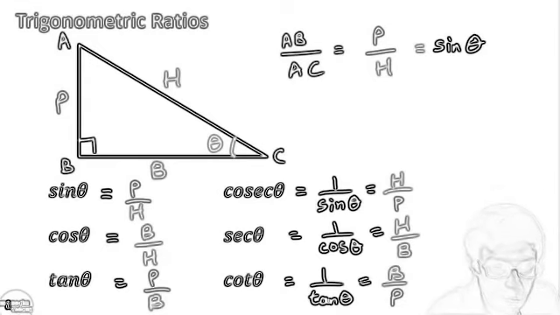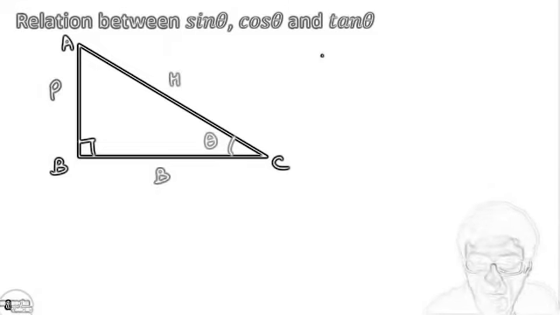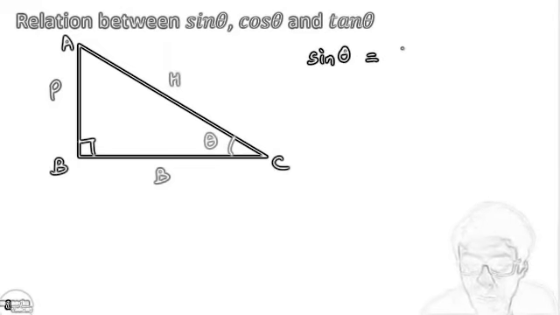So we are interested now in the relation between sine theta, cos theta and tan theta. So let's write these guys here. So before we write, let's quickly mark this is the perpendicular, this is the base, and this is our hypotenuse, right guys?